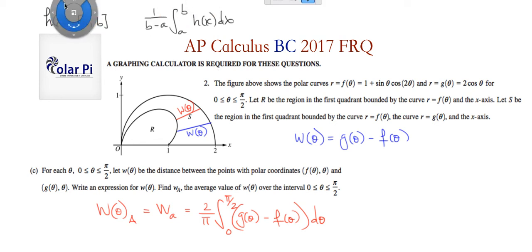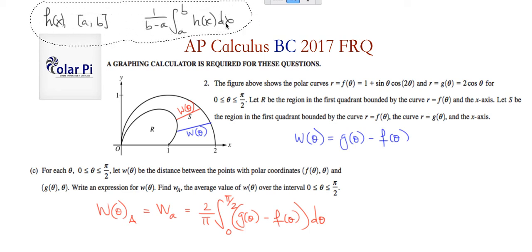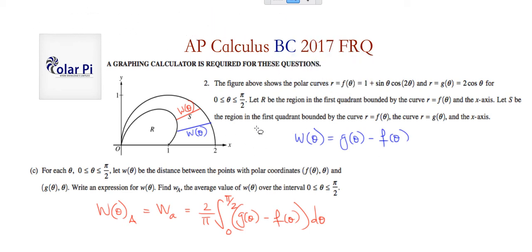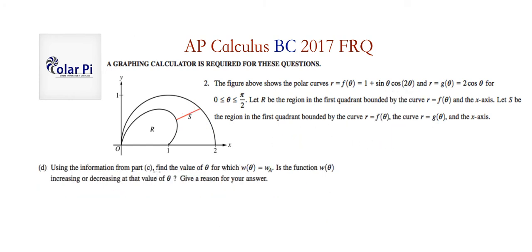The final part is part D, and what does part D say? Let's see. Using the information from part C, find the value of theta for which w of theta, which recall is equal to g of theta minus f of theta, is equal to w sub a.